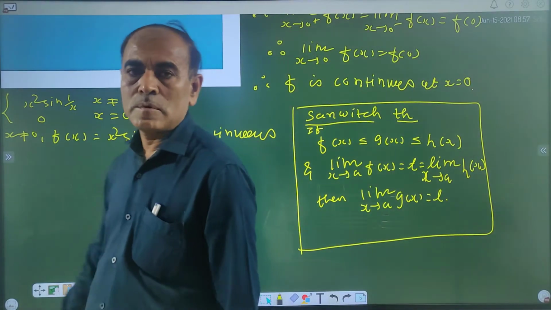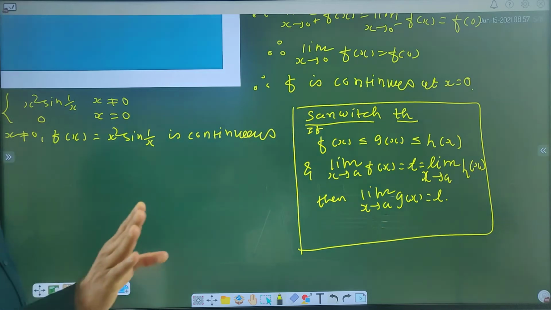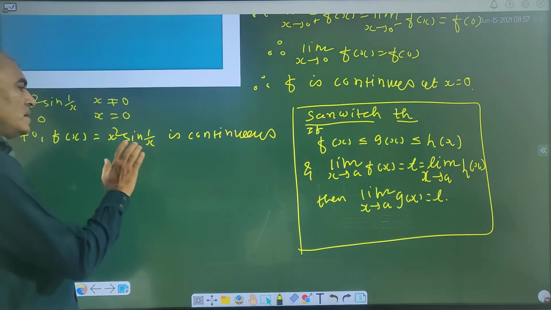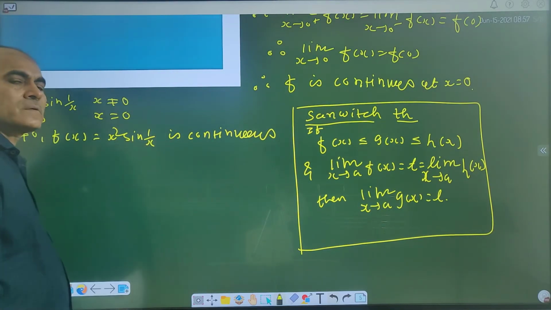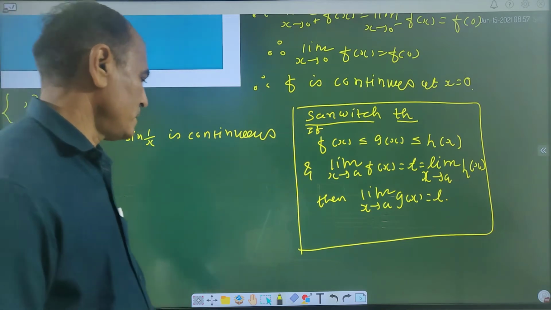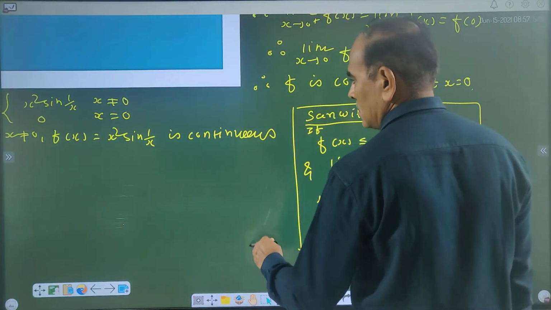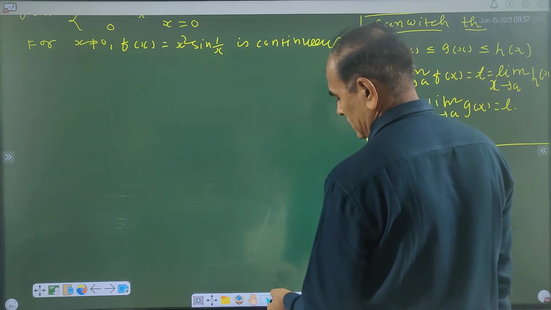Here only two particular examples are there for which we need to use the sandwich theorem: x square sin 1 by x or x square cos 1 by x. Okay, so let us use it here.